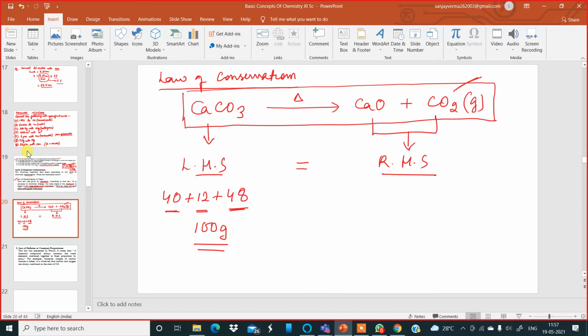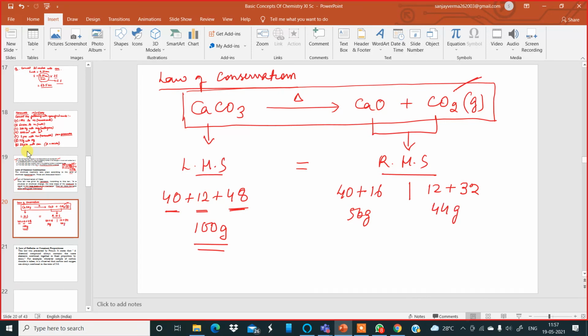On the right hand side, the product side, if we add the masses of calcium oxide, 40 plus 16, it becomes 56 grams. And for carbon dioxide, it is 12 plus 32, which comes to 44 grams.